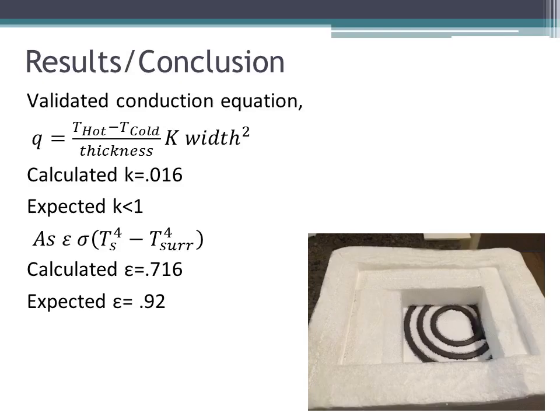The same was done for the emissivity value. We looked up expected values of somewhere around 0.92, and our calculated emissivity of 0.716 was not far from that. From this, we have determined that our calculations and equations accurately represent this environment of heat transfer.